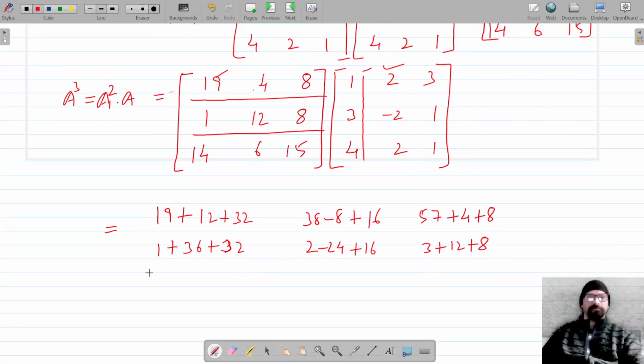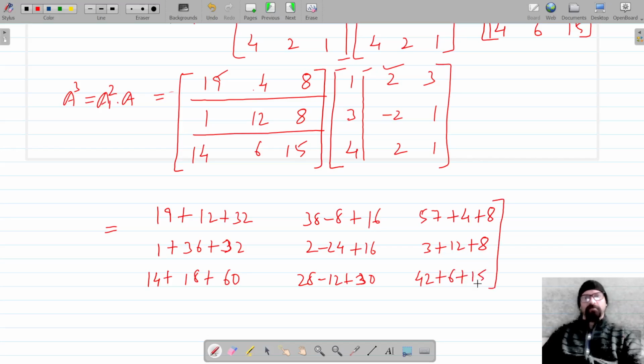This is 3 plus 12 plus 8. Then 14 plus 6, 14 sixes... plus 15 fours are 60. So 14 twos are 28, negative 12 plus 30, and 14 threes are 42 plus 6 plus 15.